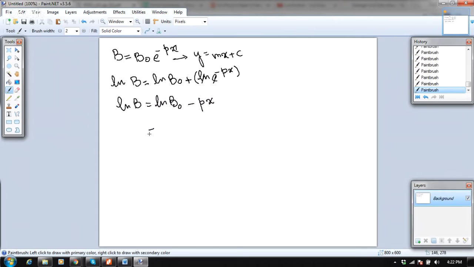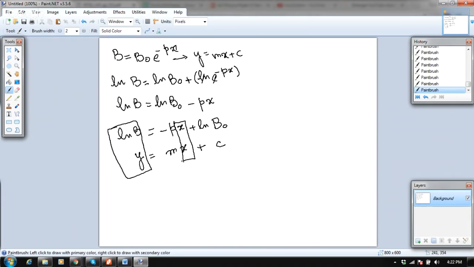Let me rewrite it like this: minus px plus log B naught, and here is log B. So this is y is equal to mx plus c form, like log B must be plotted on the y-axis, x must be plotted on the x-axis, log B naught will be the y-intercept, and minus p is the gradient.